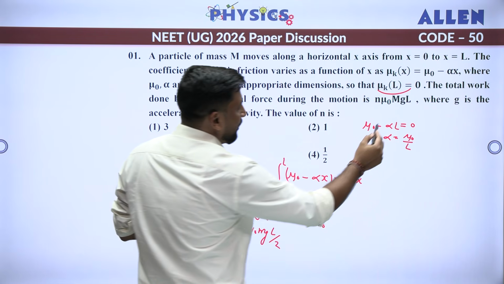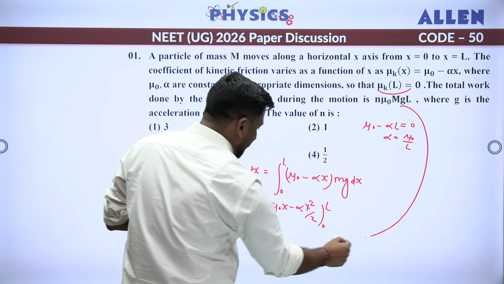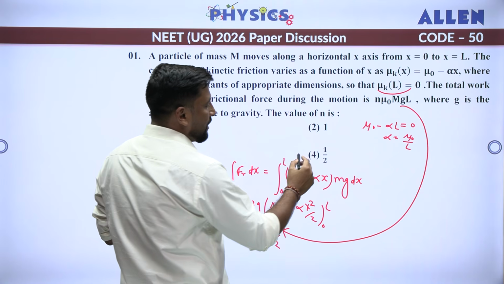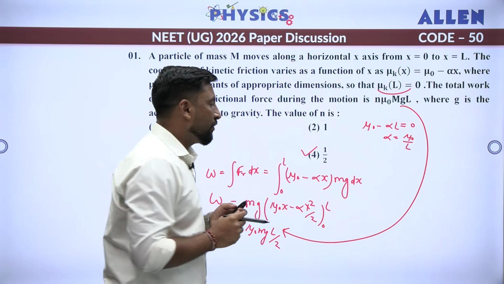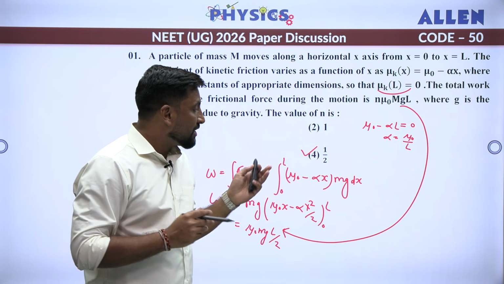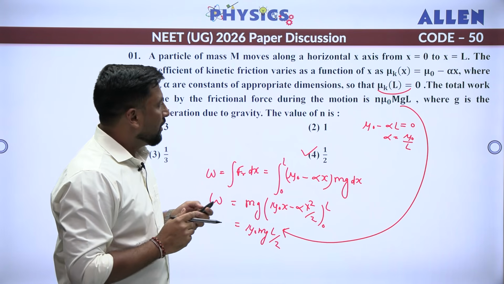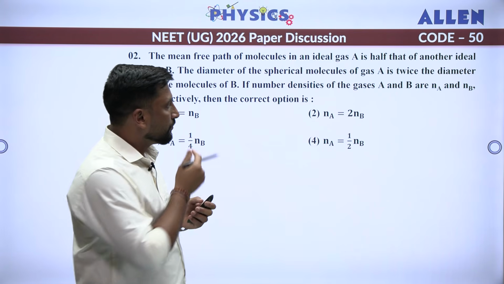Now if you compare with this one, what is the value of n? We will get n as 1 by 2, which is matching with option 4. Now let's move to question number 2.